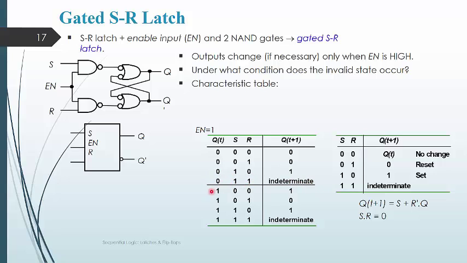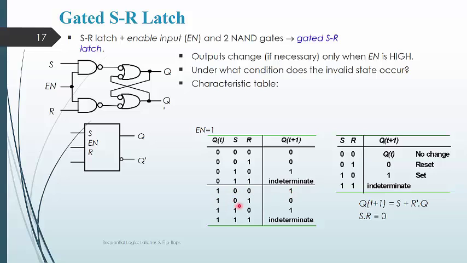Now the next case we are going to check is if, instead of Qt being 0, the Qt output was 1. So what change will happen? As the present state is 1 with 0 inputs applied, this present state will be carried as the next state, so the output will remain 1.